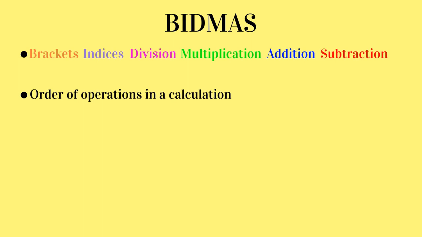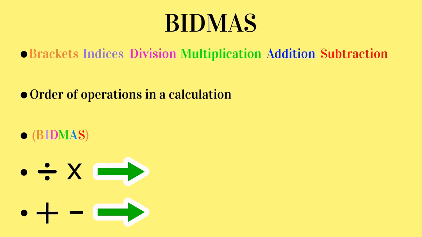BIDMAS should be used to work out calculations within brackets, as well as calculations as a whole. If a calculation has several division and multiplication operations in a row, then these can be calculated from left to right. The same is true for addition and subtraction.